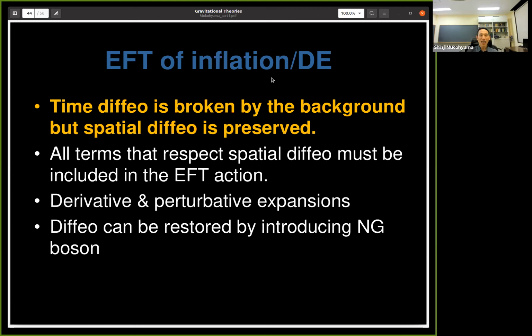So this means that during inflation, whatever it is, time diffeomorphism should be broken by the background. The underlying theory can be covariant, but by the background, time diffeomorphism should be broken, at least during inflation. However, we want to keep spatial diffeomorphism, partly because we want to have an almost homogeneous and isotropic universe.